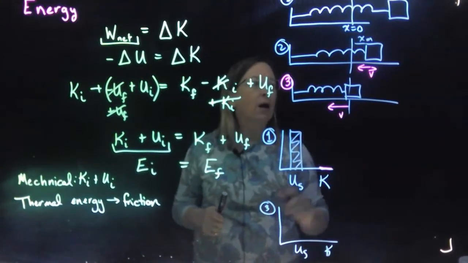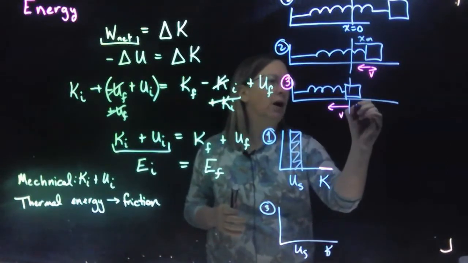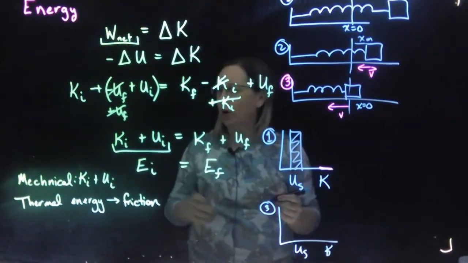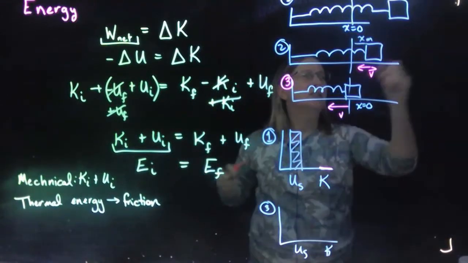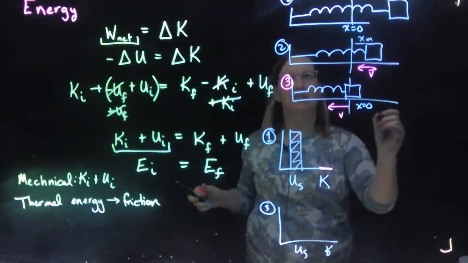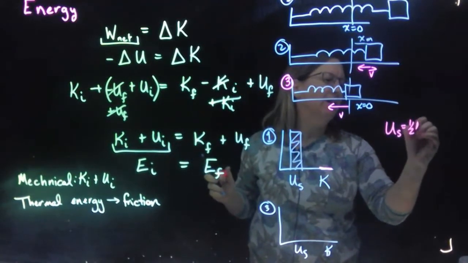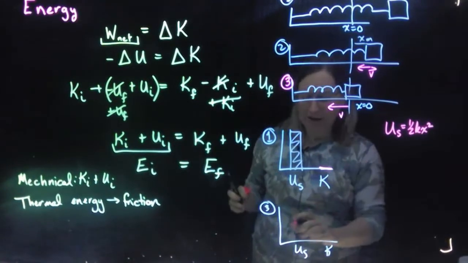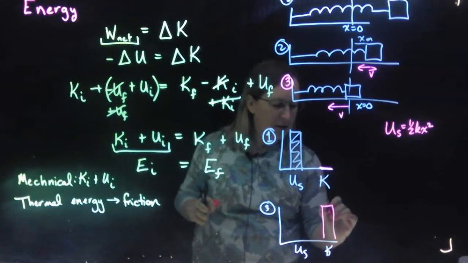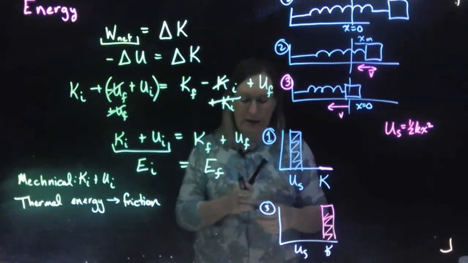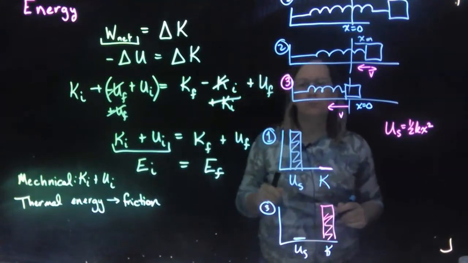At that point, there is no spring potential energy because x is equal to 0, using the spring potential energy equation, U spring equals 1/2 kx squared. So in this case, all of my energy is kinetic energy, and there's none in spring energy.